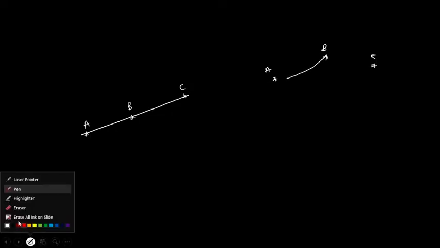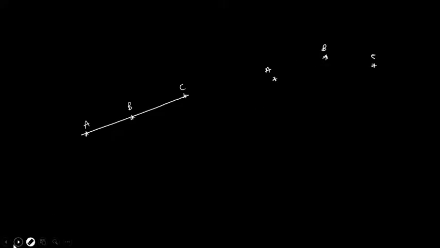So this is point A, this is point B, and this is C. If this becomes the case, you can see that you can join the point A to B, B to C, and then C to A to form some sort of triangle, whether isosceles, whether scalene, or right angle triangle. You could form any type of triangle if one of the points is displaced. But if all of them are in a straight line, you cannot get a triangle.